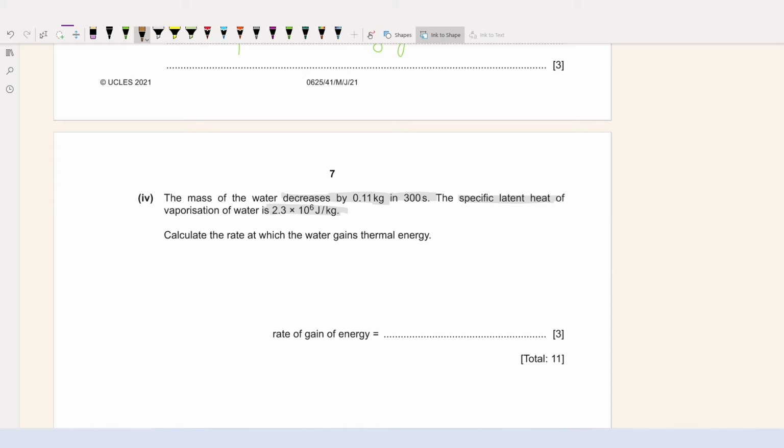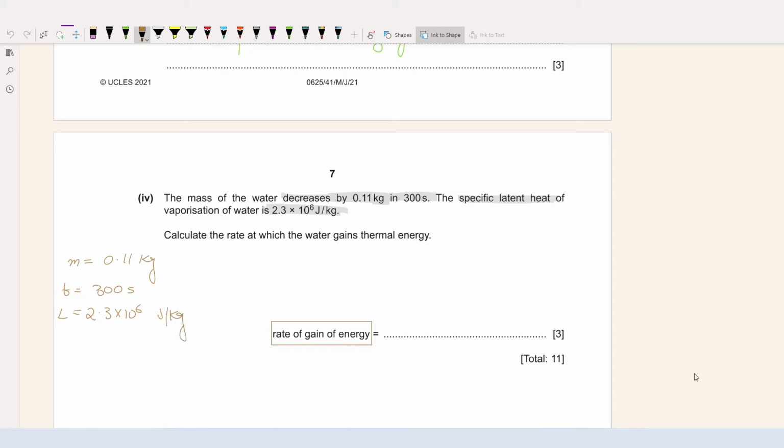First, we are going to be noting down what is given in this question, which is mass 0.11 kg. Time is given, which is 300 seconds, and specific latent heat of vaporization is given. So 2.3 into 10 raised to power 6 joules per kg.